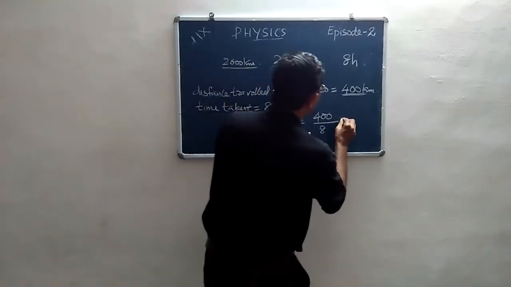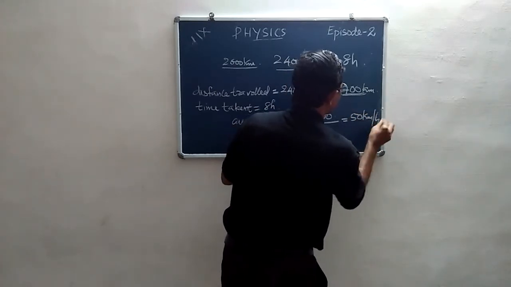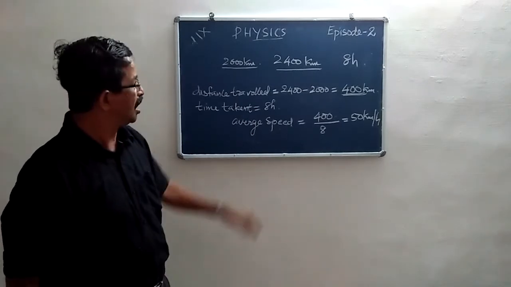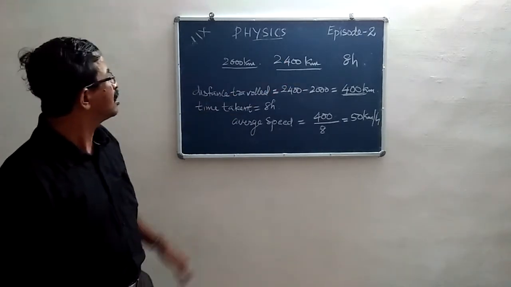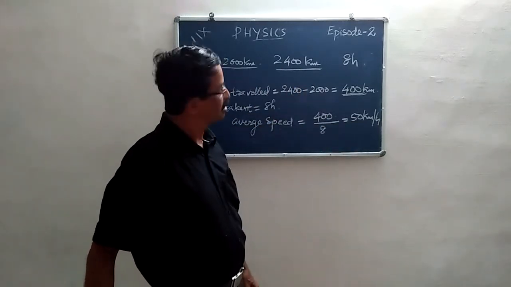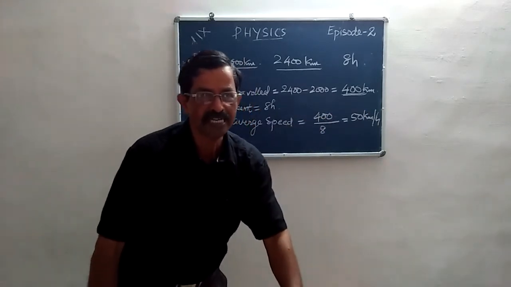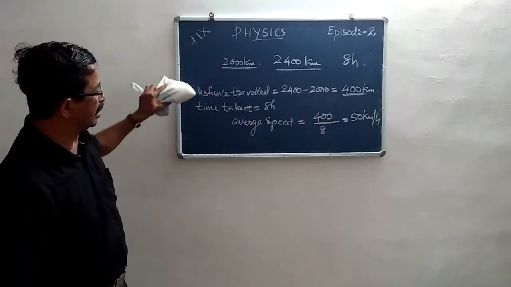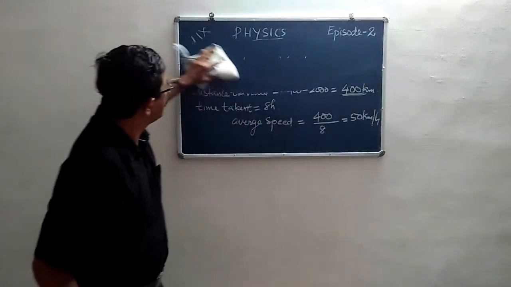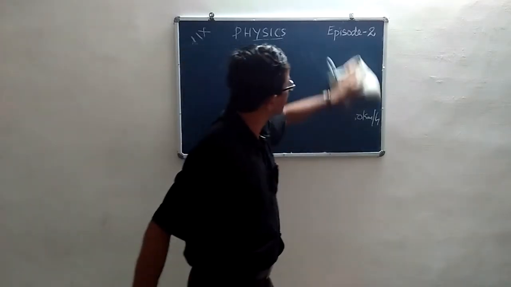That is equal to 50 kilometer per hour. This is the average speed in kilometer per hour. Now we want to find it in meter per second also. How do we change kilometer per hour into meter per second?